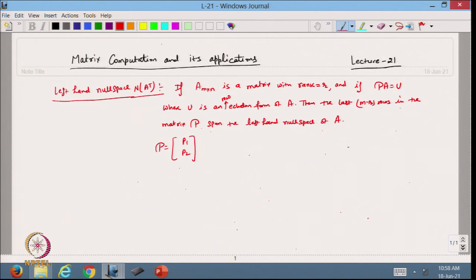So, from here we have that the null space of A transpose is equal to the range of the matrix P2 transpose.